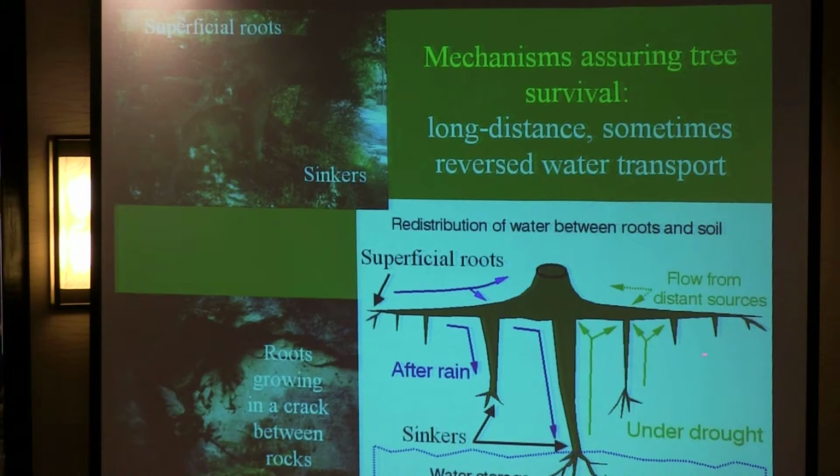But this upper soil can be easily depleted during drought, and now trees depend only on this sinker and or tap roots. So water comes through the tap root, like here, and here it separates.